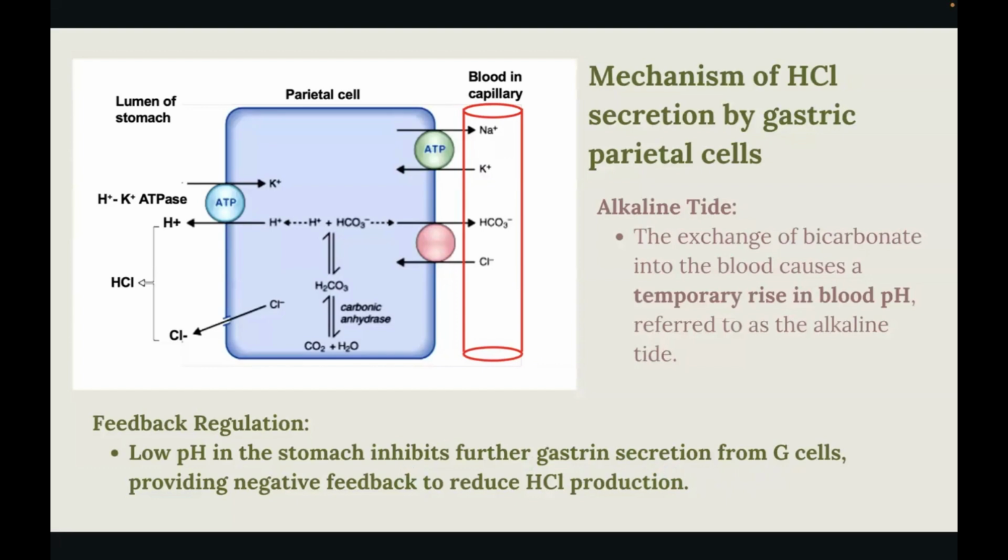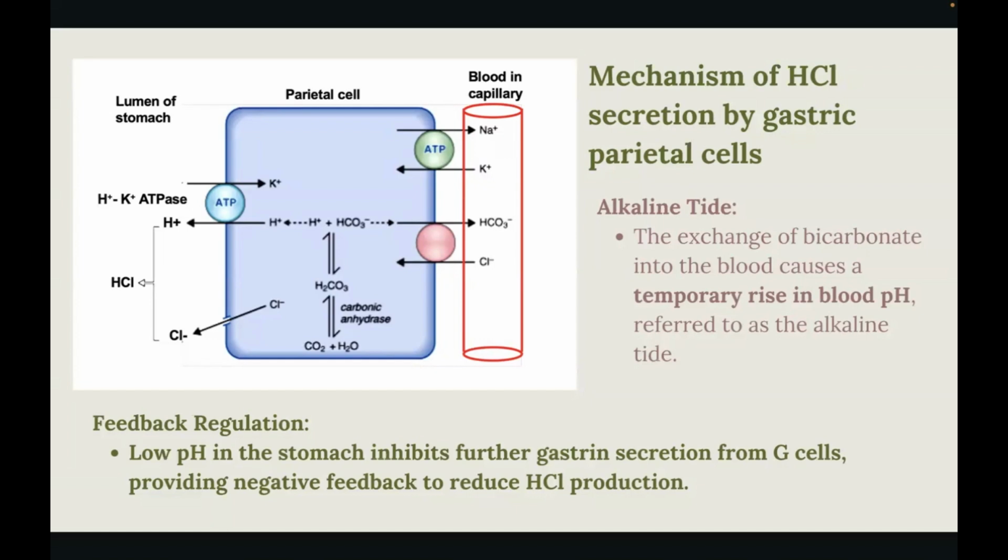So we're going to inhibit gastrin from the G cells to inhibit HCl production. Because if you remember, gastrin is there and it stimulates the parietal cells to release HCl. So if we inhibit gastrin in the first place, HCl is not being stimulated or produced in large amounts, at least.